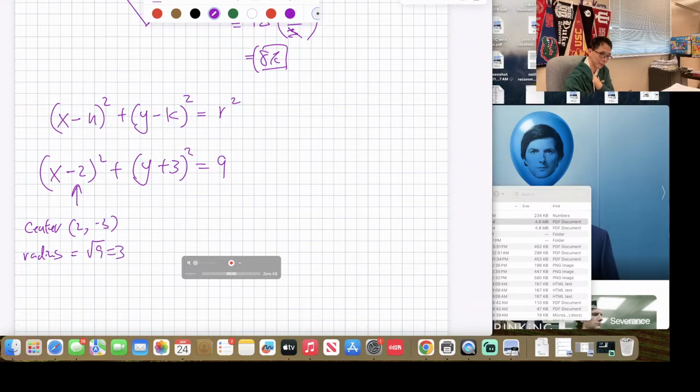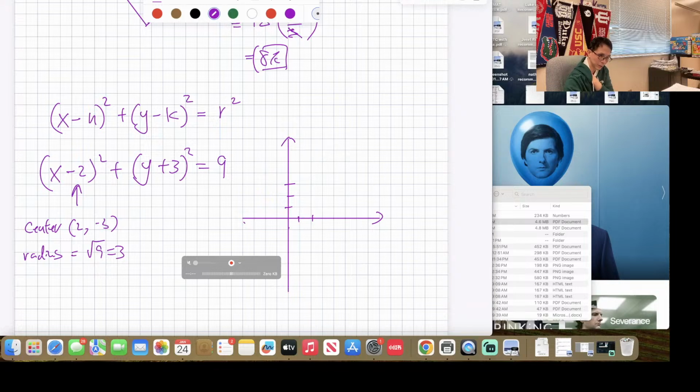So basically, if I were to graph by hand, which on my test I usually ask students to do, this is going to be 1, 2, 1, 2, 3. This is your center. And for the radius, I'm just going to go 3 here, 3 here, 3 here, and 3 here. Negative 3, oh, you're right, thank you.